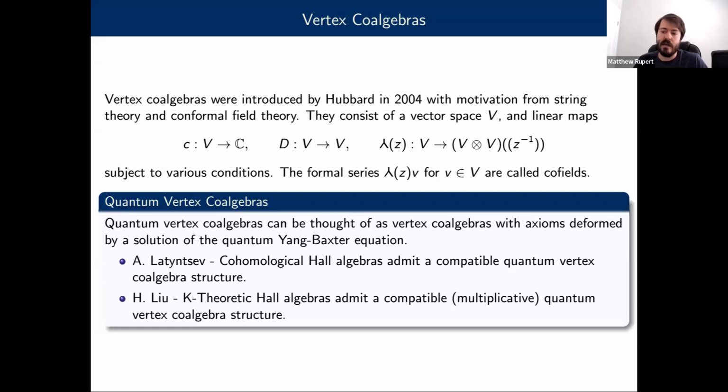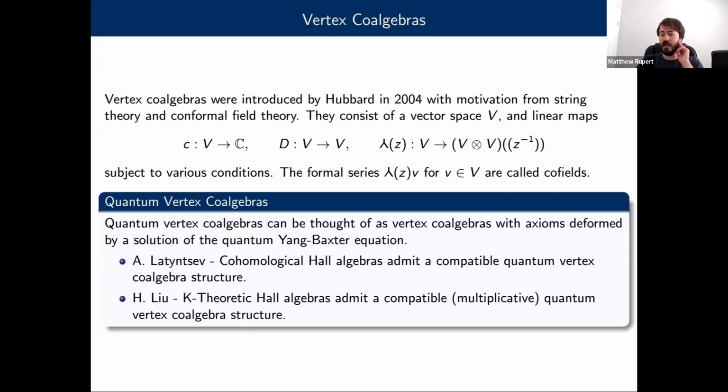And we actually already have some pretty interesting examples of quantum vertex coalgebras in the case of complex vector spaces. So in 2022, Alexei Latintsev showed that cohomological Hall algebras actually admit a compatible quantum vertex coalgebra structure.